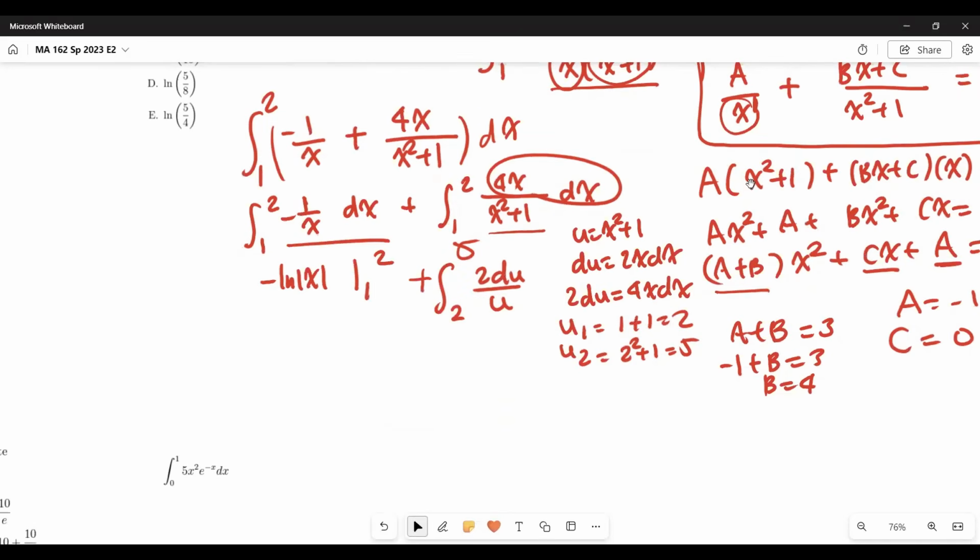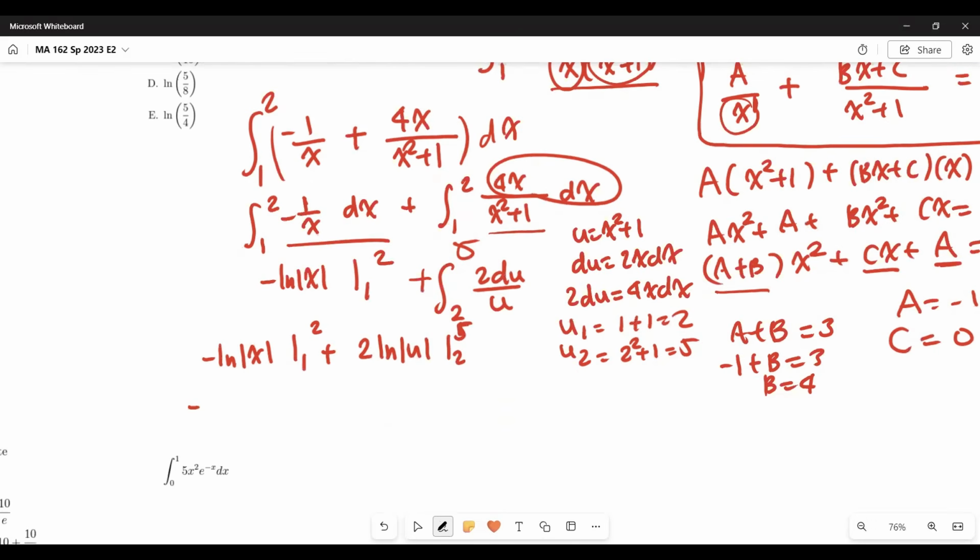So this is negative ln x from 1 to 2 plus 2 ln u from 2 to 5. Even though we have different bounds, like different variables, it doesn't really matter because we're just going to plug in the numbers. So you don't have to worry about it.